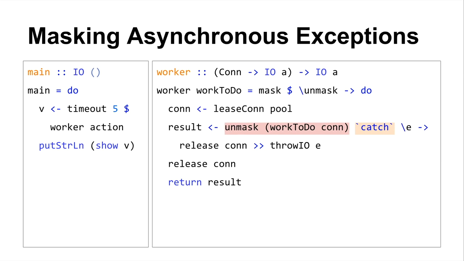I would unmask at this point, and the asynchronously delivered exception would be raised here. The handler that I'd installed using catch would run, and then I'd have a chance to release and rethrow the error. So I wouldn't actually hit here and here. It wouldn't matter. I'd rethrow the error and my program would terminate. But at least I could release that.